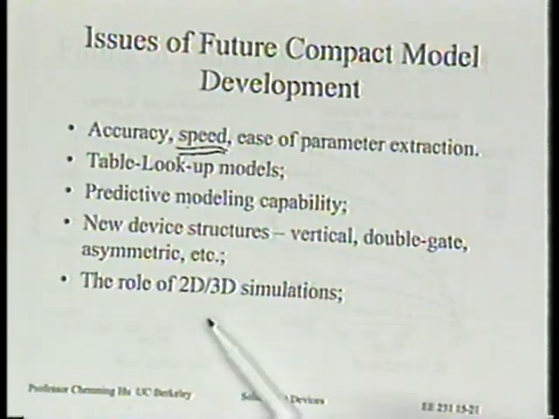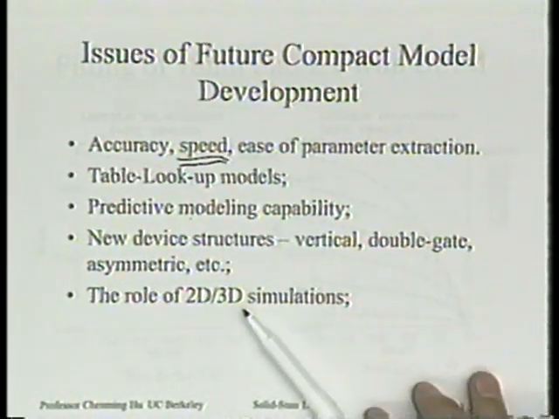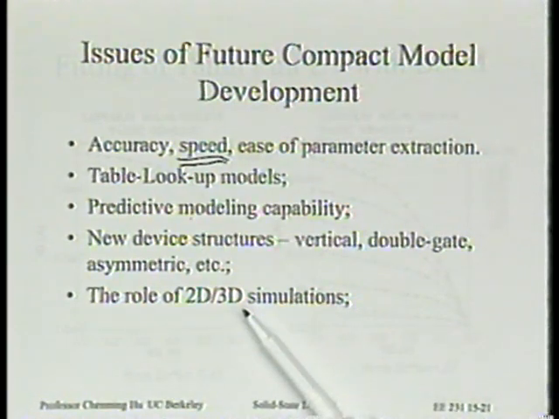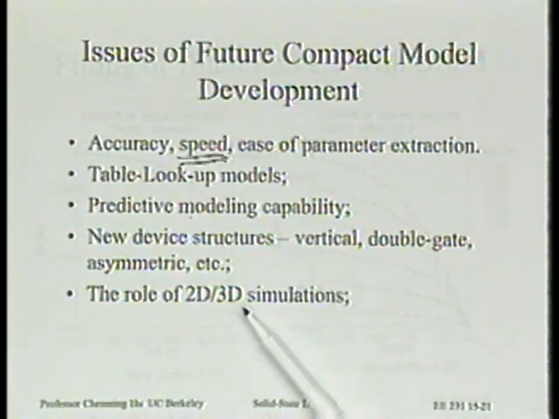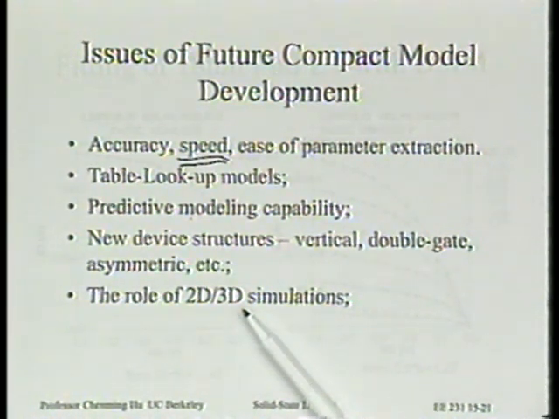For a long time, people have thought we can just solve the drift-diffusion equation and combine that with some kind of SPICE engine so that we don't need to model any transistor analytically. We just use the 2D simulator to represent the transistor. And the hope was that with computer speed improving, that would be it.